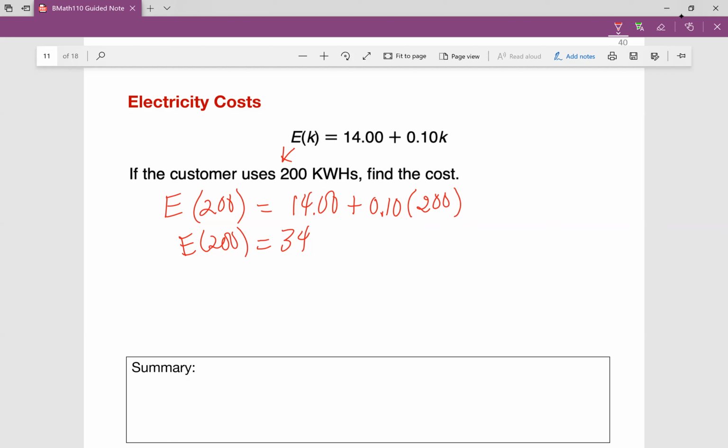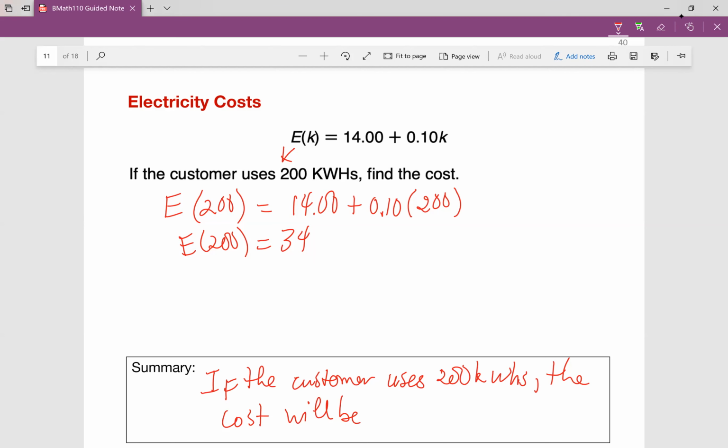And to summarize here, you may say: if the customer uses 200 kilowatt hours, the cost will be $34 per month, monthly.